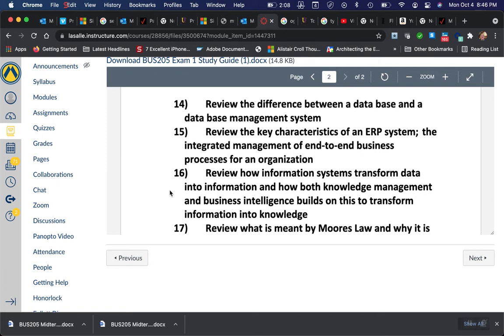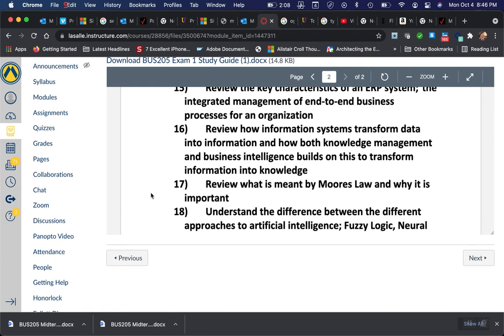All right, so there are layers of transformations. There's a data to information transformation, and then an information into knowledge transformation. So information systems handle the first one, and knowledge management and business intelligence applications help us do the second one.